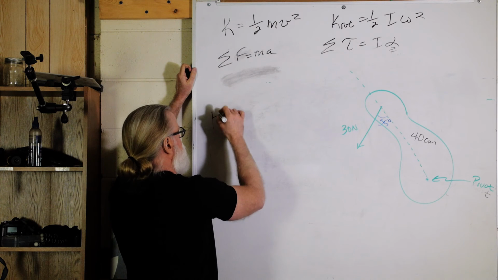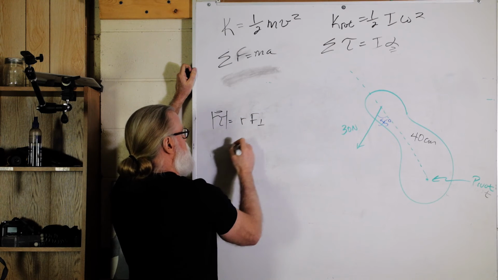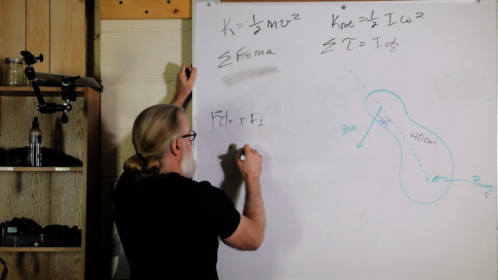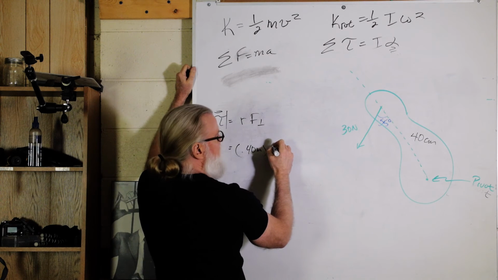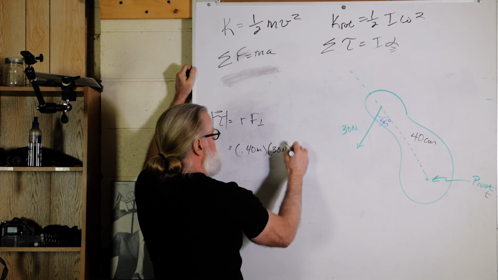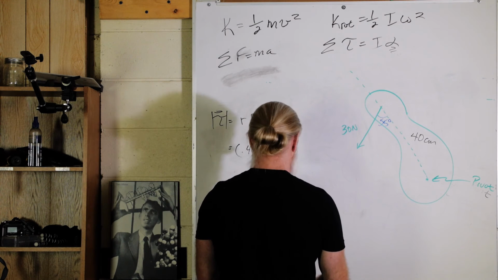The magnitude of the torque is R F perpendicular, which is 0.4 meters times F, which is 30 newtons. But we need just this component of F right here.